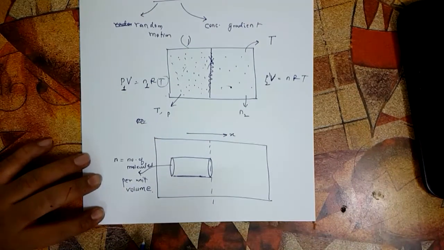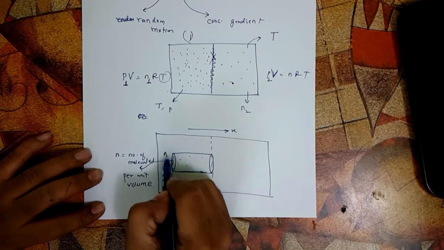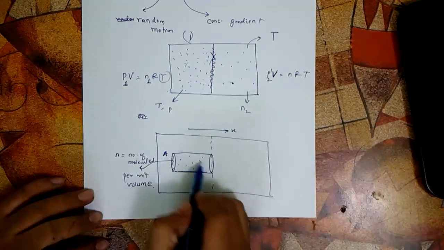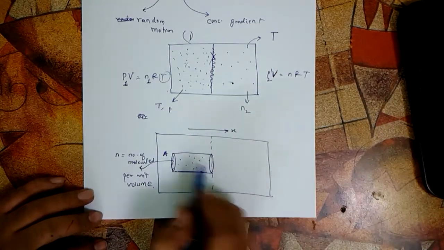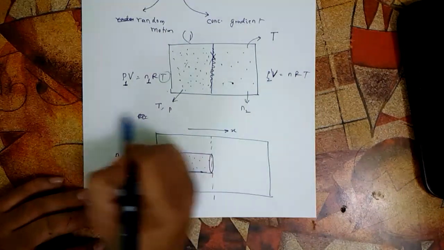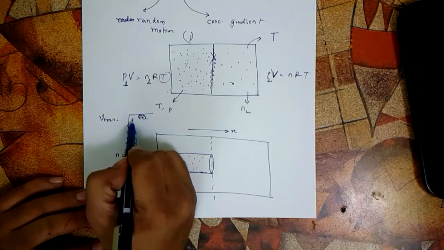Alright, and since we are considering the random motion, let's say this area of cross section is A, and all of these molecules, on an average, move with the root mean square velocity. That root mean square velocity VRMS can be written as root over 3RT by m.